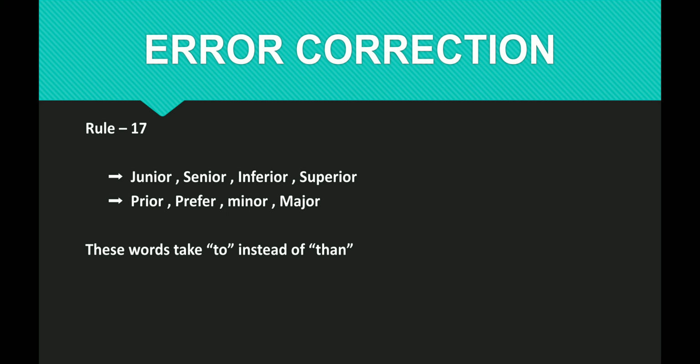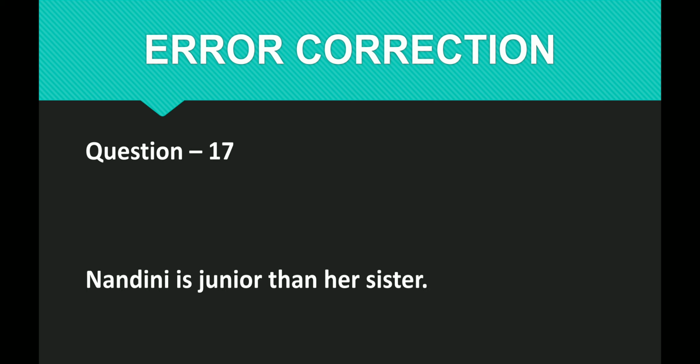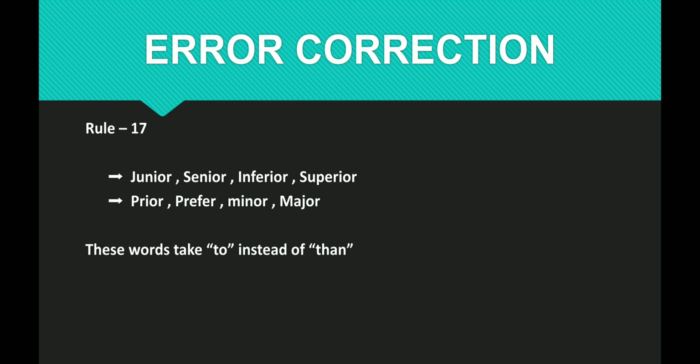Do remember these words. Here the word junior is there, which is the reason why instead of than we must use to. So the correct answer will be Nandini is junior to her sister, not than her sister. I hope you understand, and I expect all of you to write these 8 words so that further on you can easily correct the error.